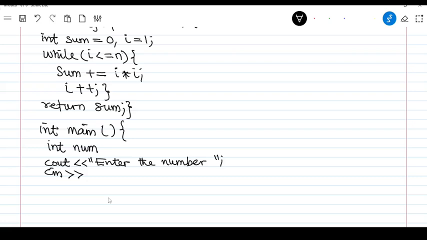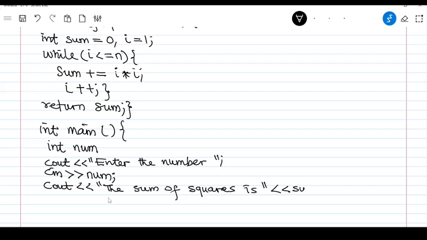So we're first going to take that into the input console. So cin num, and after that we're going to say cout, the sum of squares is, and then we're going to pass this number into the function.